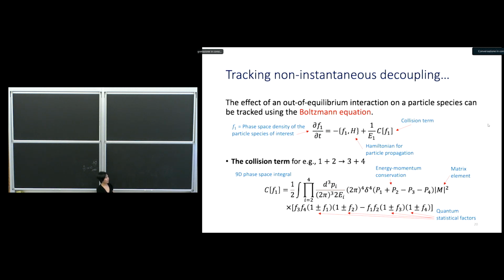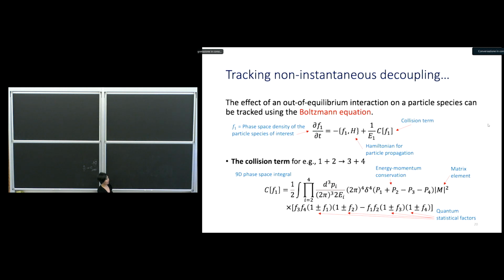Now, I'll tell you what these things are in a bit, but the collision term essentially looks rather ugly. This is Lorentz invariant, and you have the energy-momentum conservation part here, which is denoted by the Dirac delta. The matrix element of the scattering process will be here in M squared, and there's a bunch of phase space factors that account for how much is being scattered into one particular state or being scattered out.